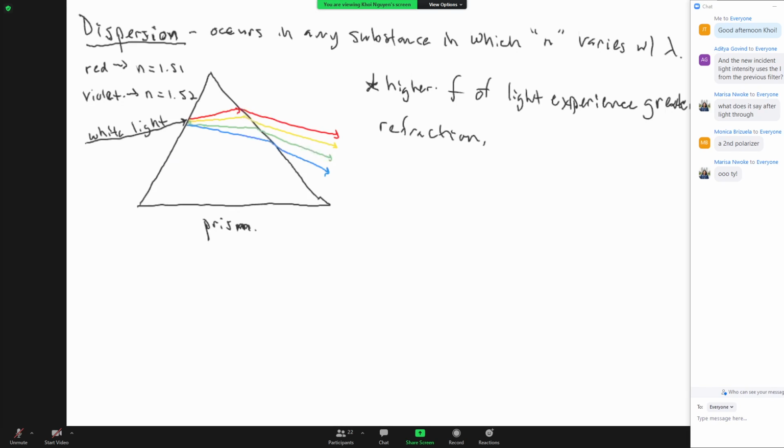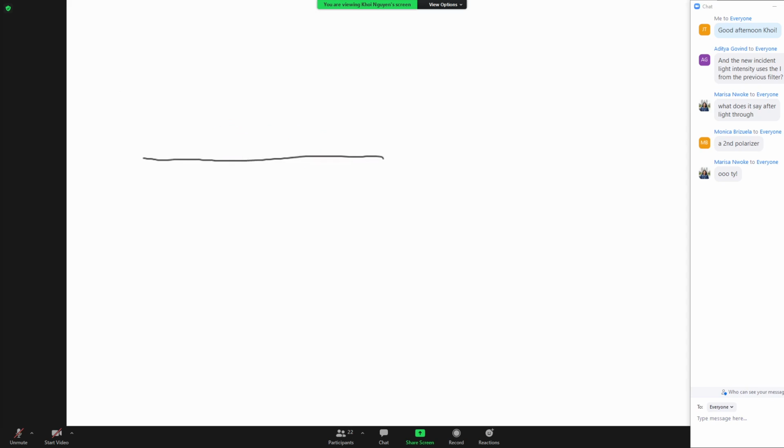So let's take a look at the two things that happen between an interface when light approaches an interface. So air would be N1, N2 would be, say, glass, right? So N1 is the less dense medium, and N2 is the more dense medium. So we always draw the normal.